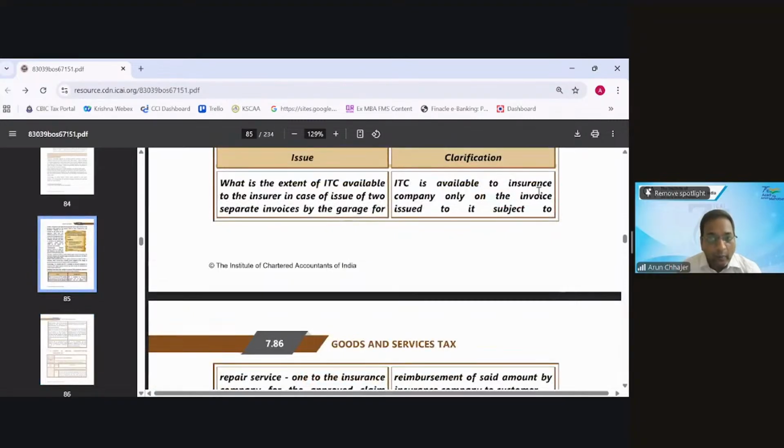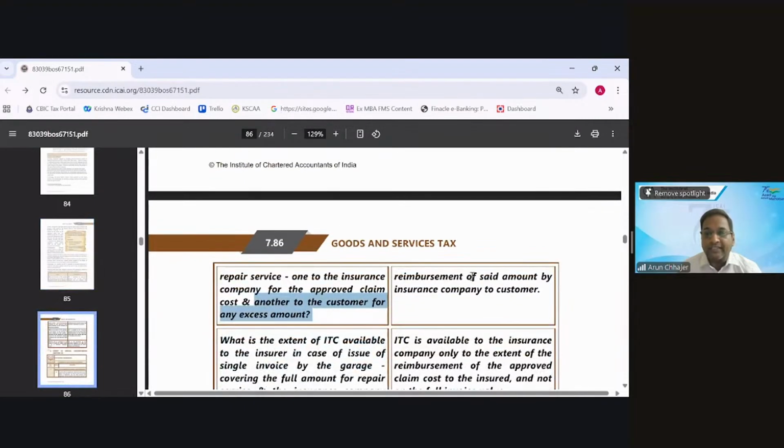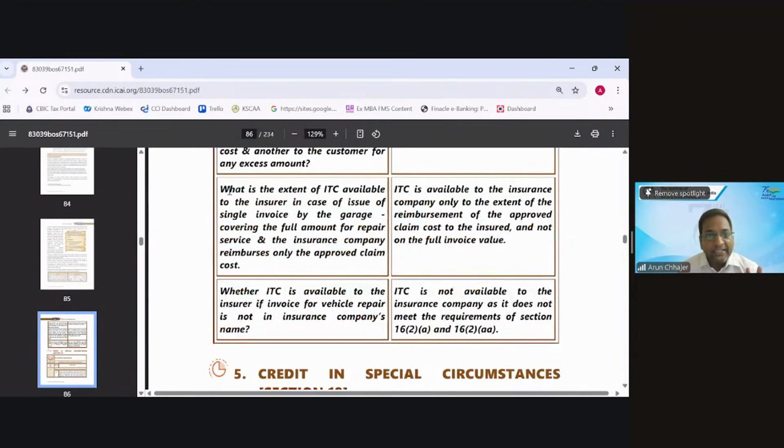ITC is available on the invoice issued to it, subject to the reimbursement of the said amount by the insurance company to the customer. What is the extent of the ITC available in case there is a single invoice which covers full amount, approved and unapproved? ITC is available to the extent of the reimbursement of the approved claim cost to the insured.